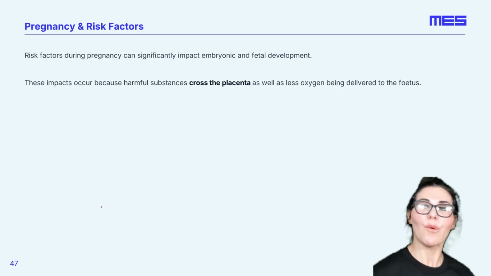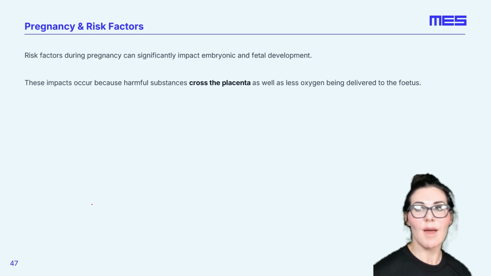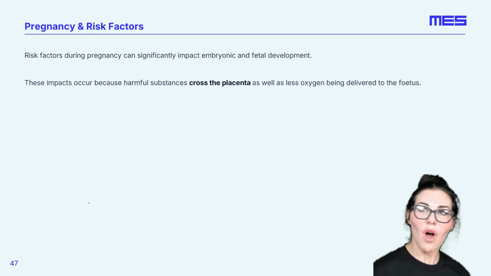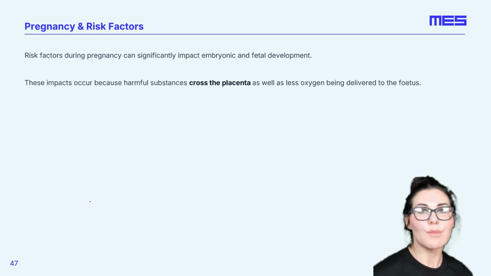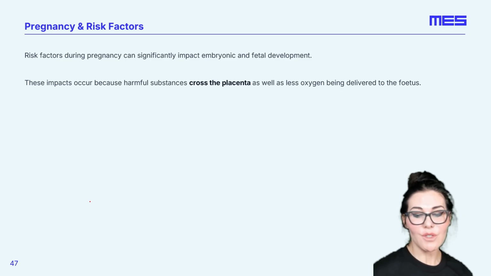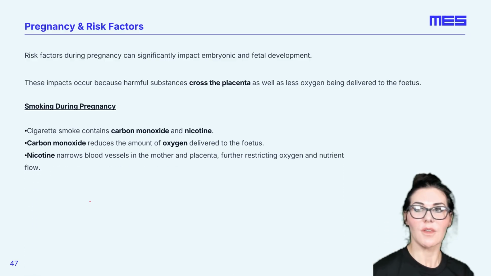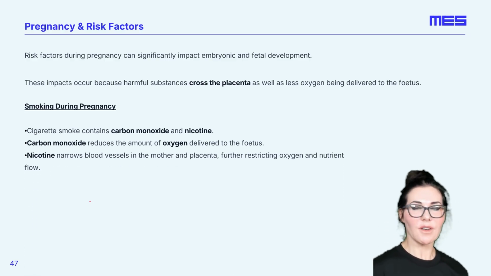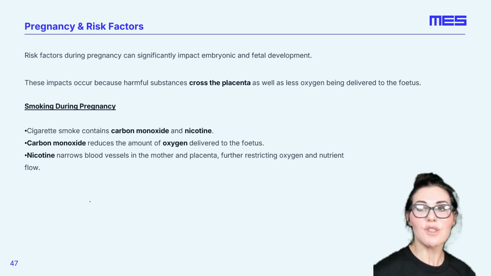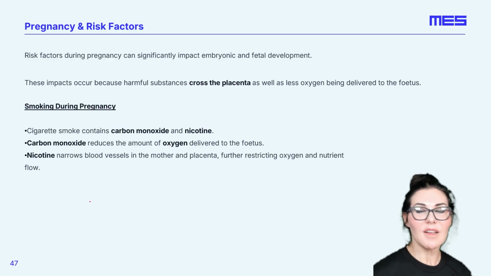Risk factors during pregnancy can impact how the fetus develops from an embryo. That's because chemicals that we ingest can cross the placenta, and that can also impact oxygen delivery to the fetus. If you smoke when you're pregnant, the chemicals from cigarette smoke, carbon monoxide and nicotine, pass across the placenta into the fetus's blood.